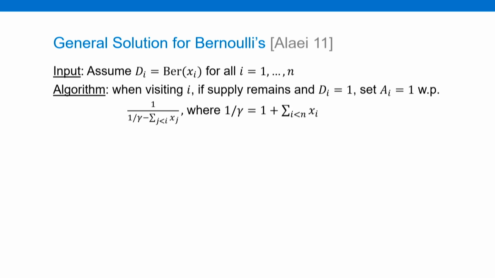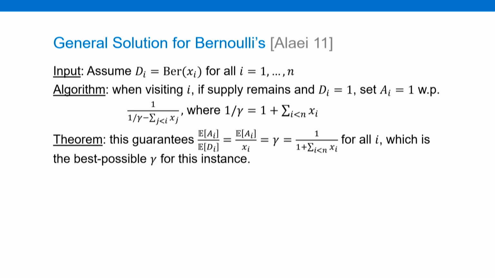That's why 1 over gamma is set like this, so that the denominator will always be at least 1, because even when i is the last person, n, the denominator in that case will be exactly equal to 1. So essentially, this was the largest gamma for which you can get a valid guarantee. And so the theorem is that this guarantees this fairness ratio of gamma, which equals this.